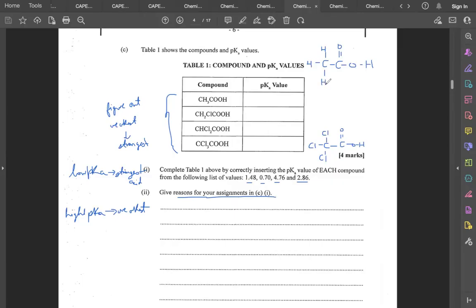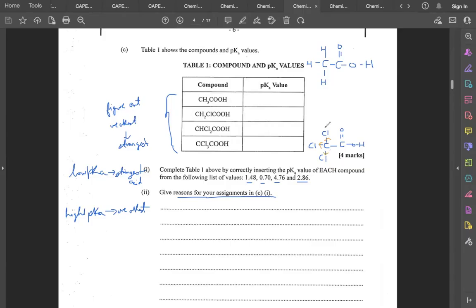And so the key knowledge here is that chlorines are electron withdrawing. So they're going to pull away the charge from the carbon to themselves. I draw an arrow pointing towards the chlorine, another pointing towards the chlorine, and one pointing towards this chlorine.